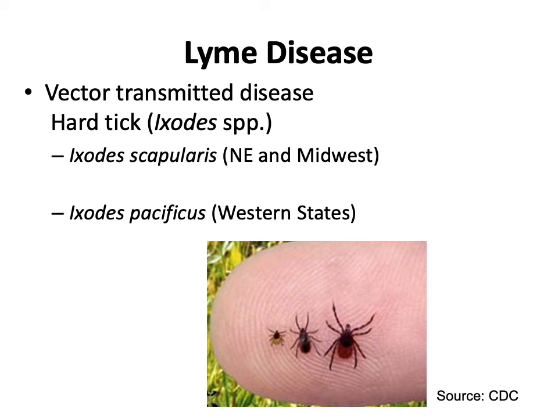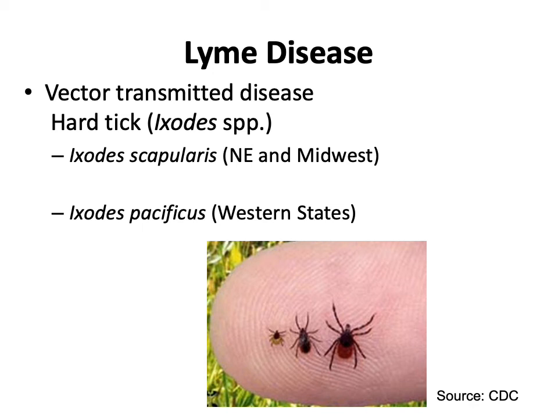Only 2 species of Ixodes are known to transmit the disease in the U.S. In the northeastern and midwest regions of the U.S., the species is Ixodes scapularis, and in the western states, it is Ixodes pacificus. Other Ixodes species serve as vectors in Europe and Asia. There is no evidence that Lyme disease is transmitted from person to person.